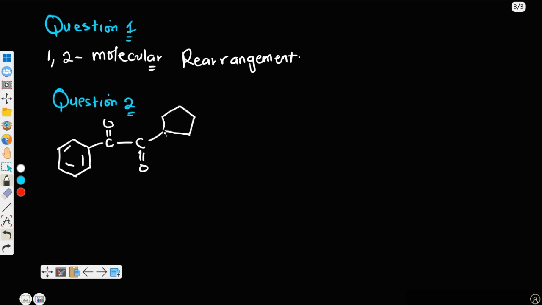Whichever way you want to write it is actually very, very correct. All right. This is what? Benzil. What are you going to react it with that it will give you benzilic acid? You react it with a base like KOH.